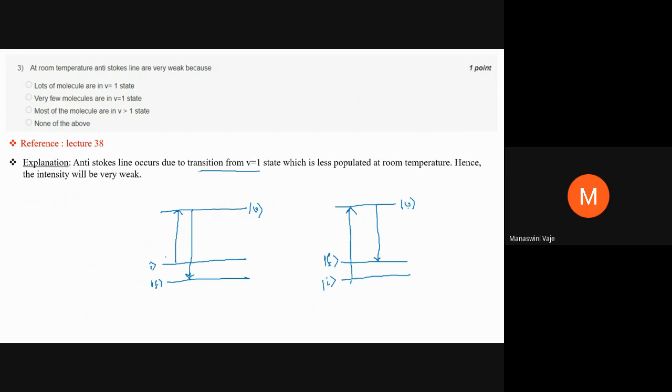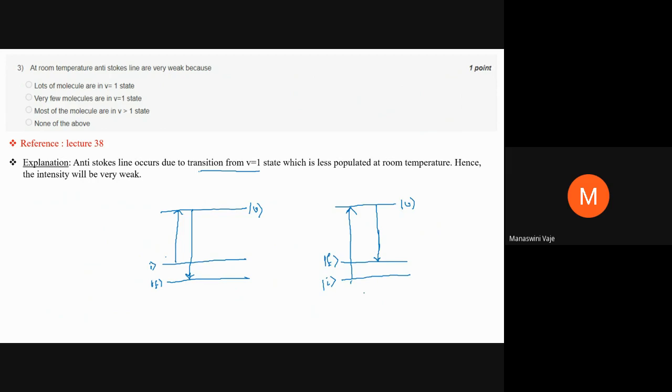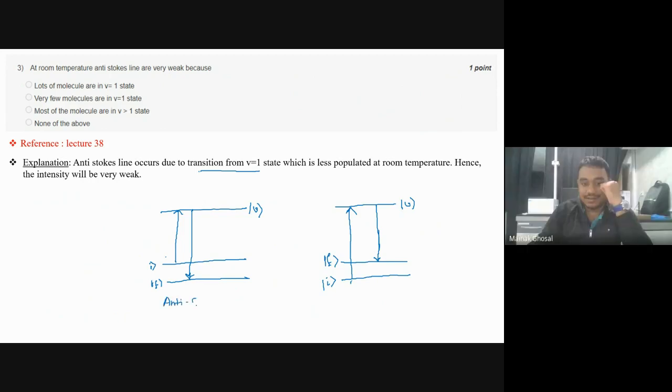Confused? Sorry. Left one are anti-Stokes, right one are Stokes lines. I'm drawing fast. That doesn't mean that this is the Stokes line. This is the anti-Stokes line. And this is the Stokes line.